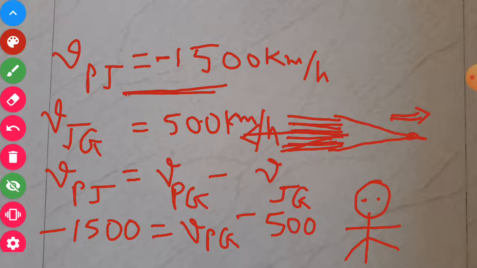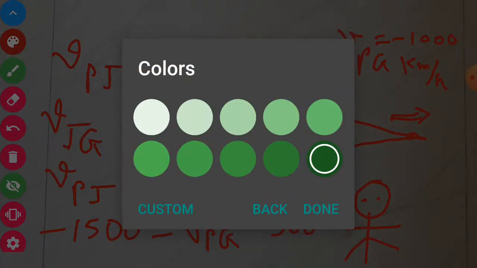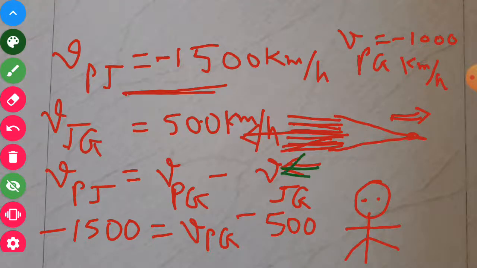So it is very easy: the velocity of the product with respect to ground will be minus 1000 kilometer per hour. Now why minus? Because the product is moving in the left hand direction with respect to the observer. You can see that the product is in this direction, that is why this minus sign has come.